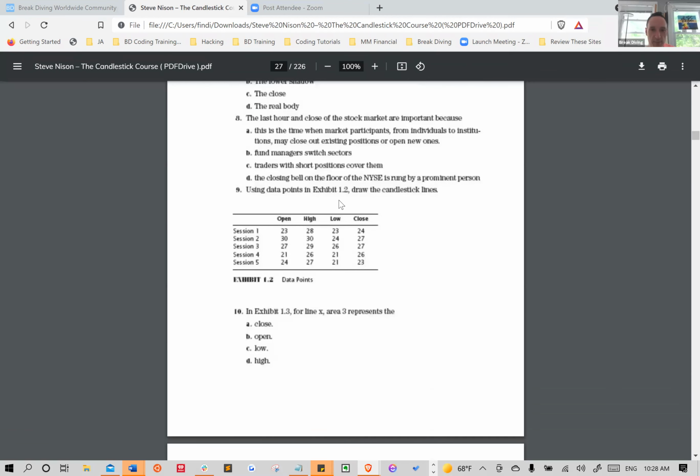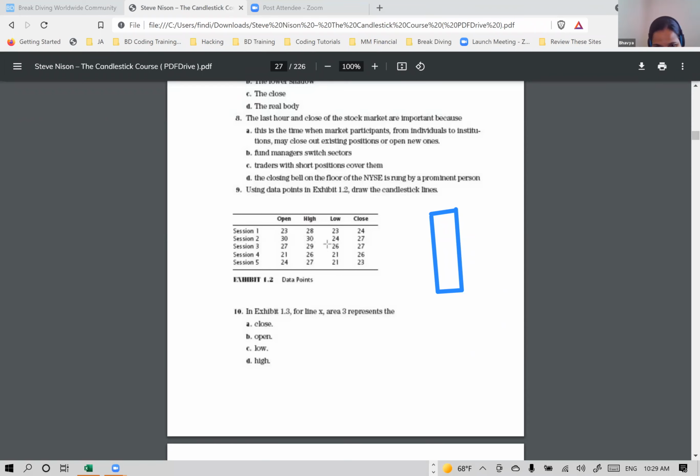And using the data points in Exhibit 1.2, draw the candlestick lines. Let me see. Could we do the drawing here? Annotate, draw. So this first one, let's see, we'll do the stick there. Then this one would open at 23.